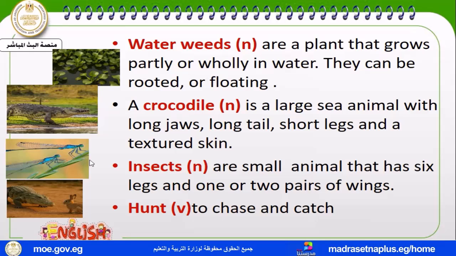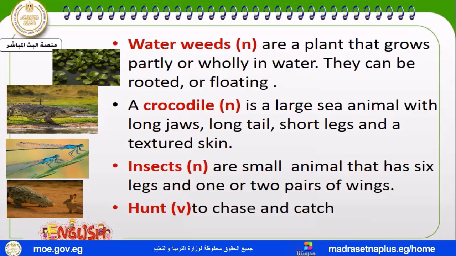The third picture is insects. Insects is a noun. Here it's a plural. The singular is insect. So insects are small animals that have 6 legs and 1 or 2 pairs of wings.